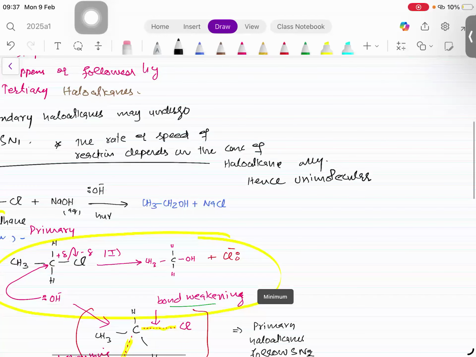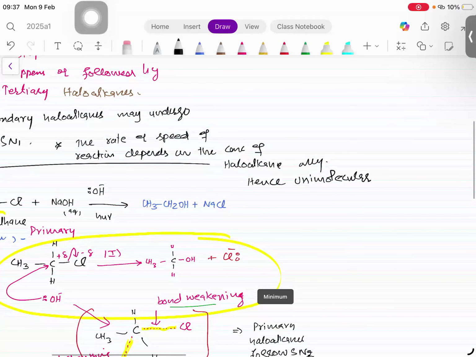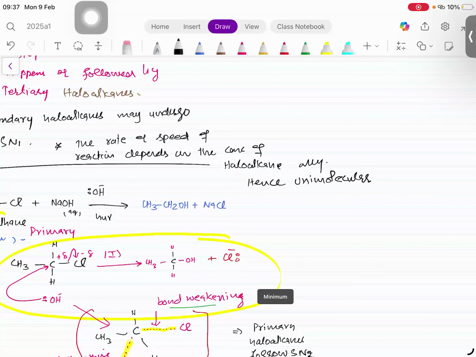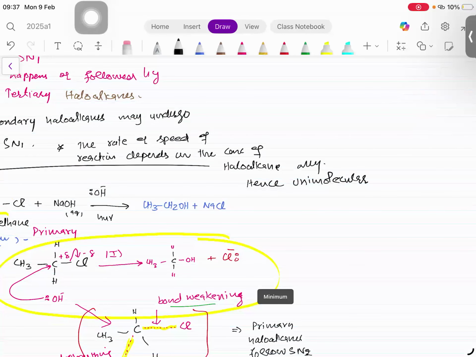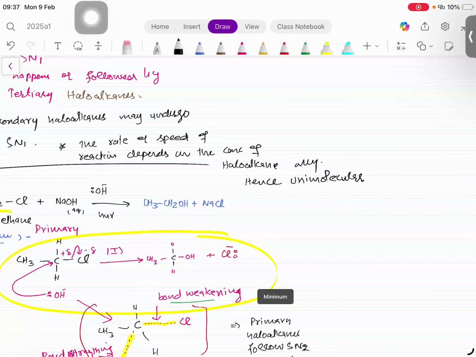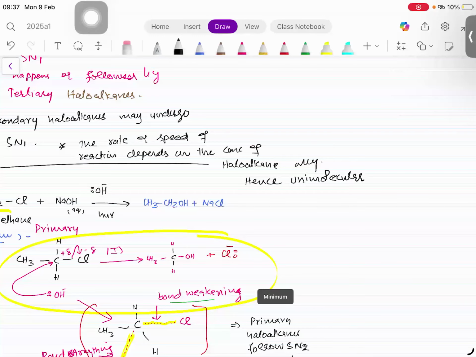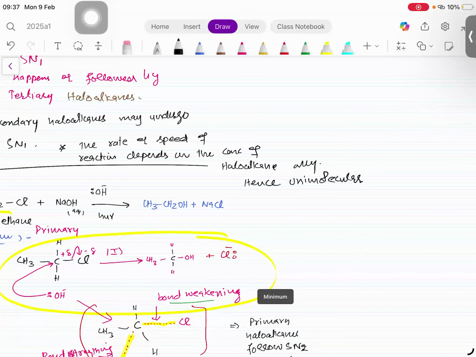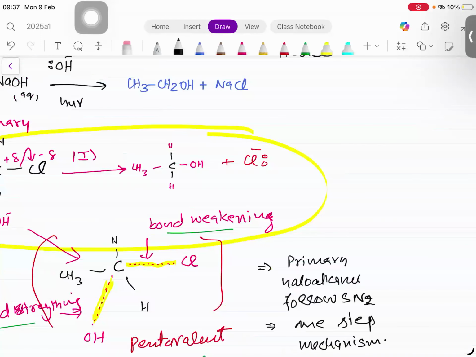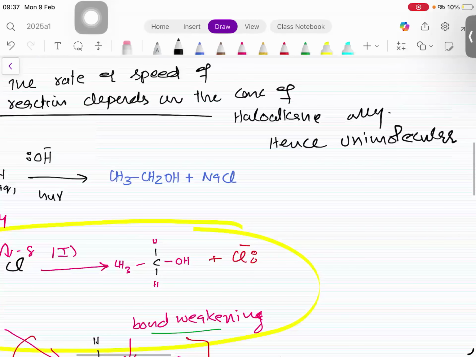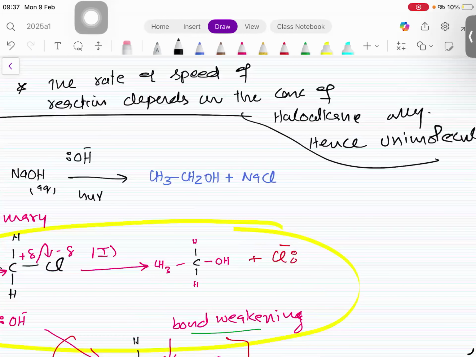On the other hand, now what will we write for the opposite? In SN2, both the concentration of haloalkane and the concentration of hydroxide matter. So that's why we call it bimolecular. So uni and bimolecular are related to the rate or speed, not to the steps. In the second part, SN1 was above, now I'm going to write for SN2.